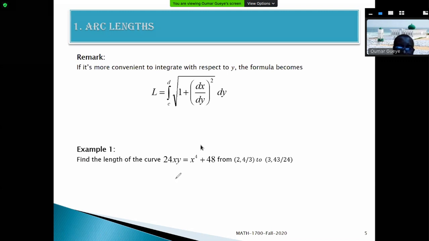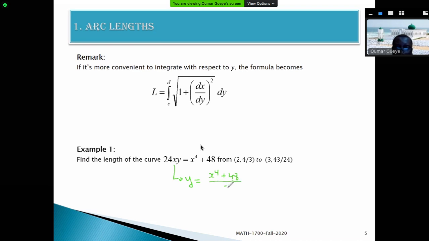So from here, we can isolate y, which is y equal to x to the power 4 plus 48 over 24x.